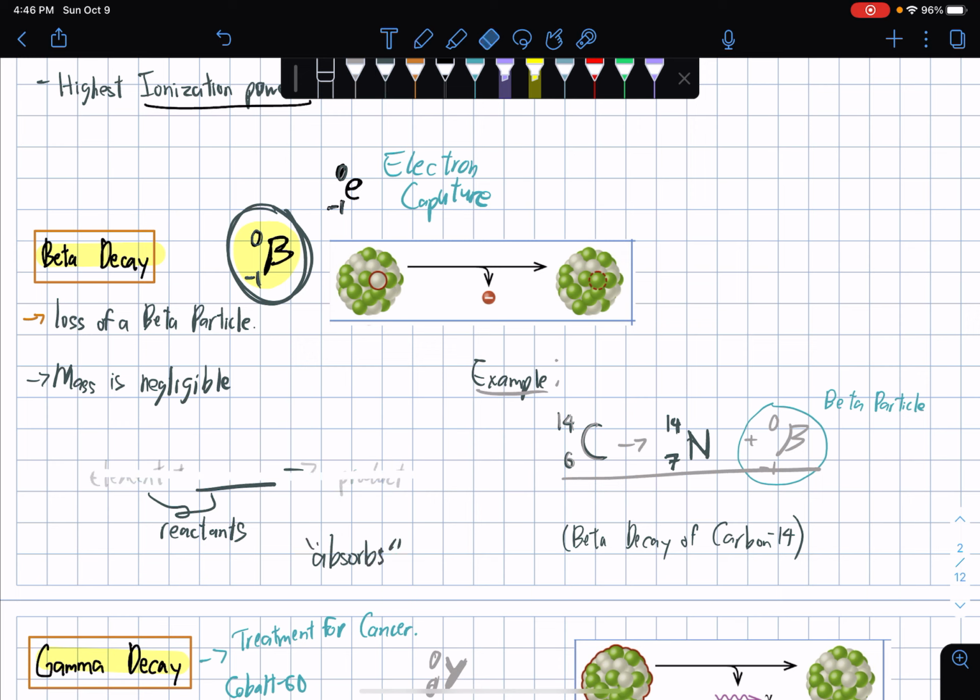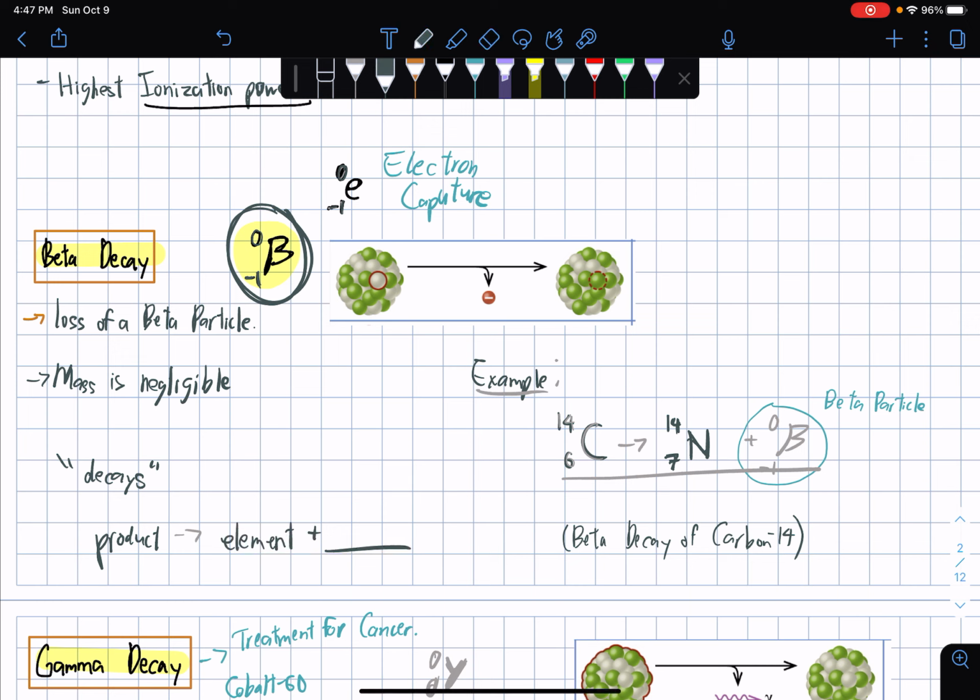And I'll show you another equation that corresponds to the keyword decays. Basically, we have the product here, then the reactant, or the initial element, plus the radioactive particle that made, together with the element, what the product is.